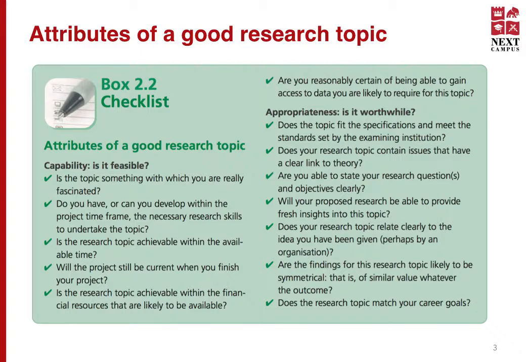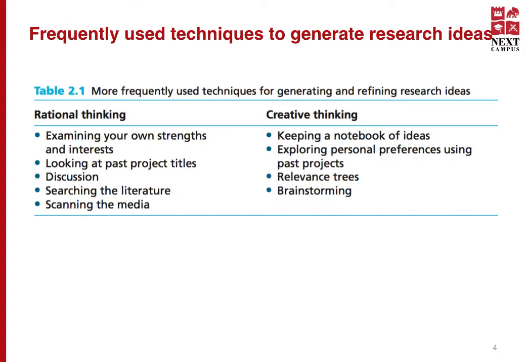Now let's look at what are the frequently used techniques to generate research ideas. As you can see in table 2.1, on your left hand side you have more rational thinking, on your right hand side you have more creative thinking. Having looked at all this, how do you select a research topic? The first point under rational thinking, examining your own strengths and interests. On the creative side, exploring personal preferences using past projects.